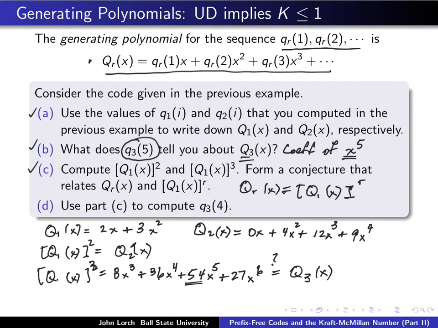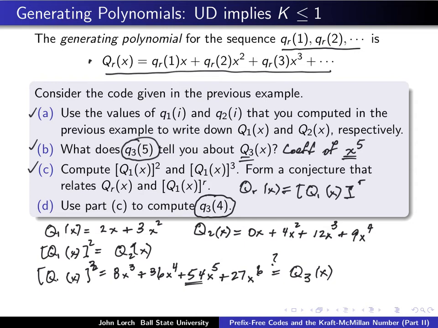Okay, now if that conjecture is true, we can compute little q sub 3 of 4 just at a glance, right? So remember, little q sub 3 of 4, that's the number of messages of length 3 back in S star that become encoded as messages of length 4 in T star.